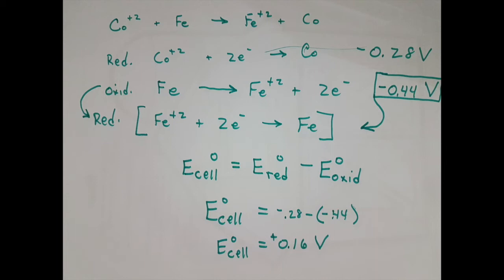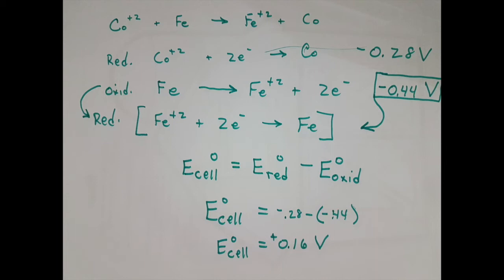The reduction is going to be negative 0.28. That's the cobalt, minus the iron is oxidation, minus negative 0.44, and that's going to be a positive 0.16 voltage. So that reaction will definitely be spontaneous. So that's it. Now let's do one that's a little different.